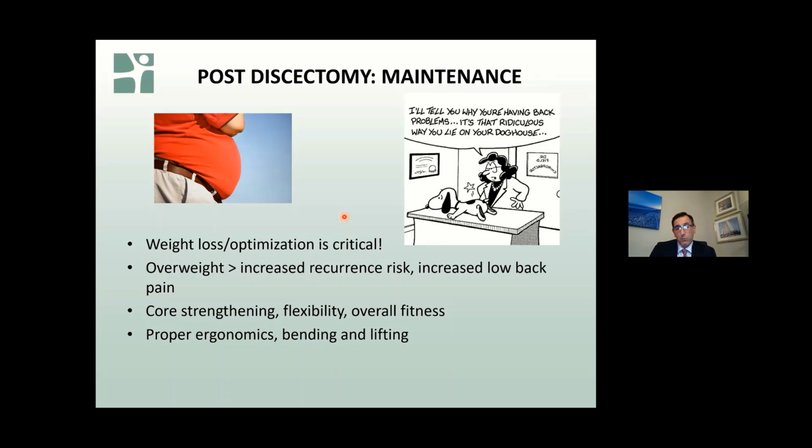And overweight people after discectomy tend to be much more likely to have back pain than people that are not overweight. And so that's really the most important thing, and it's very difficult to achieve for a lot of people, but you've got to try. It's also important for your general health. As you get older, it'll affect how long you can live.